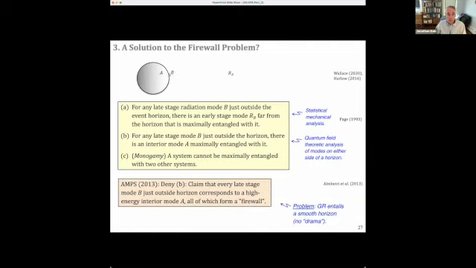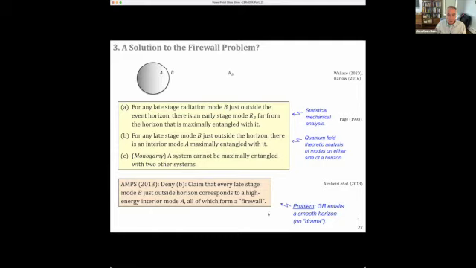And the collection of all such A's forms what they refer to as a firewall. Right? Literally, a collection of high energy modes that you would experience if you jump through an event horizon of a black hole. And if there are these high energy states, that effectively severs the entanglement between them and any exterior state B just outside the event horizon.